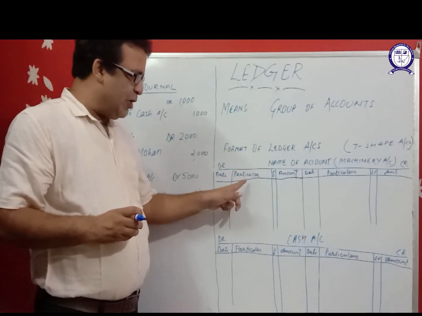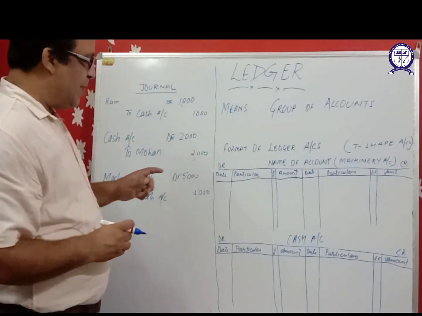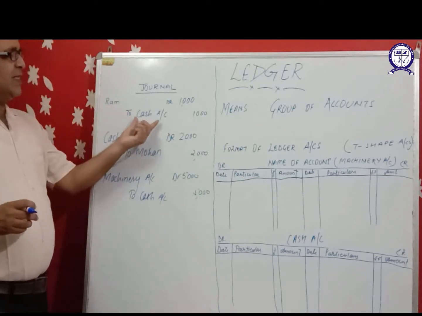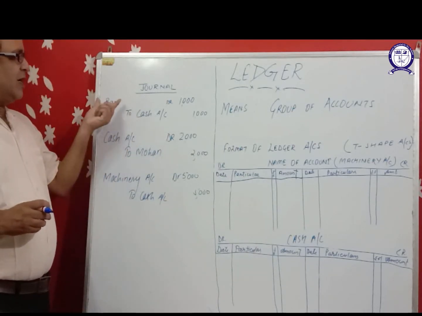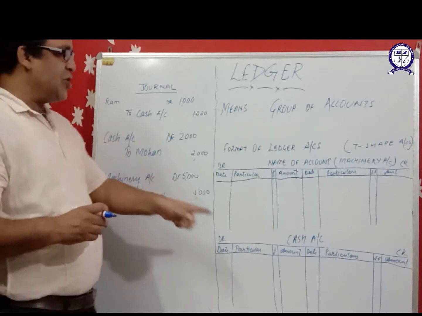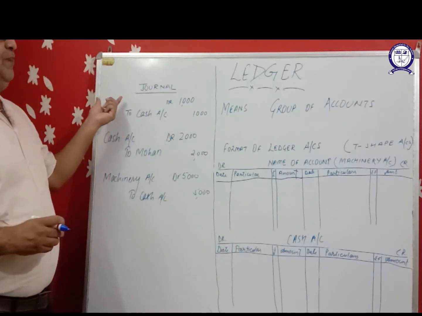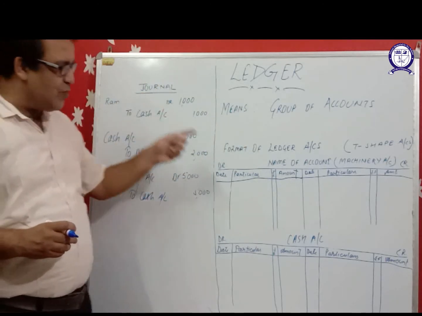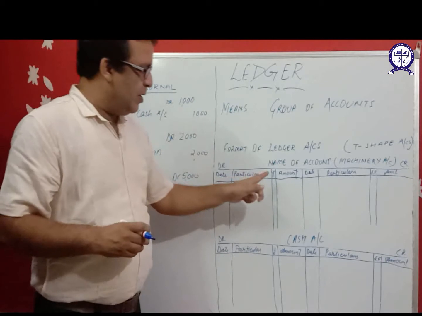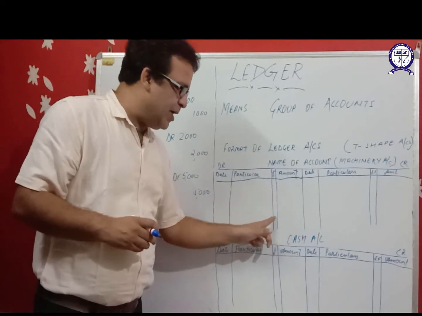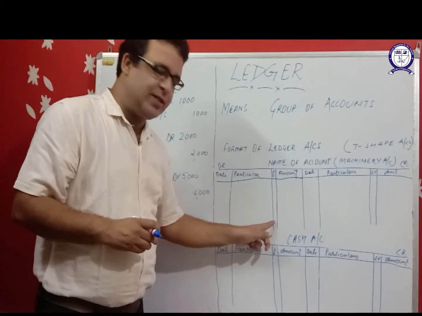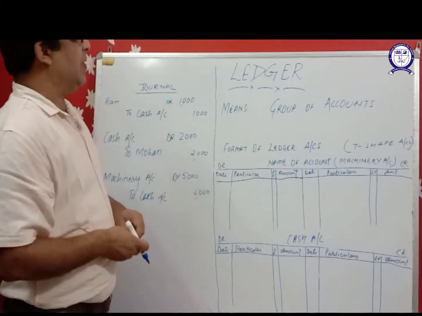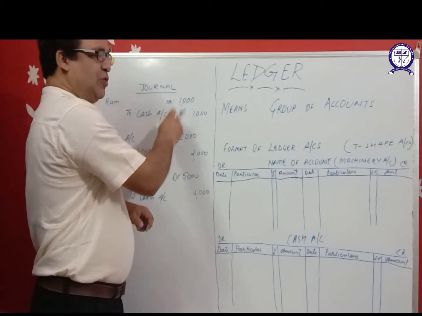In the column of particulars, suppose I am preparing cash account. Cash is credit here and the other account is Ram. In cash account, Ram will be recorded, and in the account of Ram, the other account, that is cash, will be recorded. Journal folio is not important at this level. We will discuss it later. In the amount column, the amount of the transaction will be written, as here it is 1000.